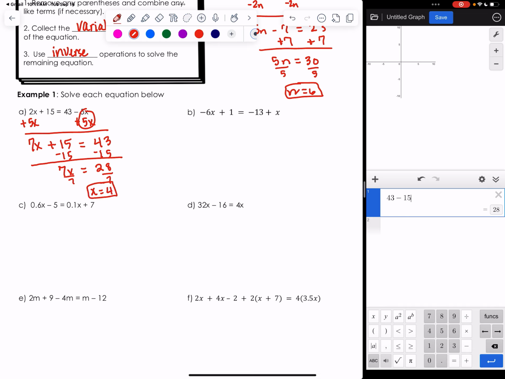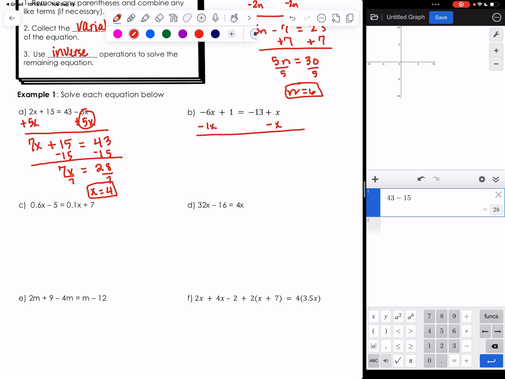All right, problem B. We have negative 6x plus 1 equals negative 13 plus x. So remember, we're starting on the right side. And we want to remove the variable that is on the right side. So the variable that's on the right side is positive 1x. So if I want to remove positive 1x, I would have to subtract 1x from that side and subtract 1x from this side.